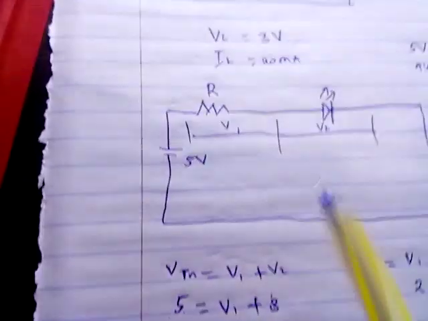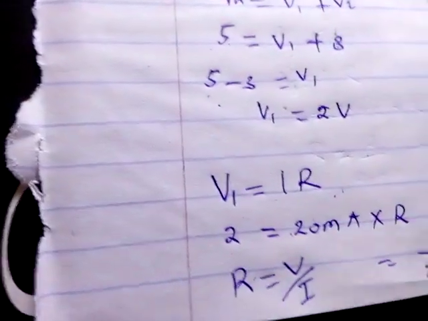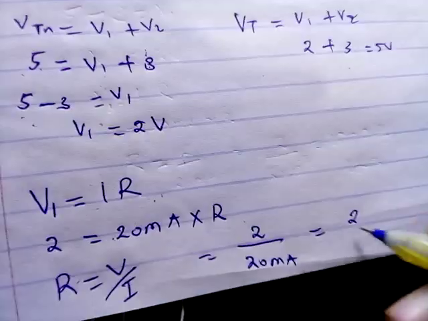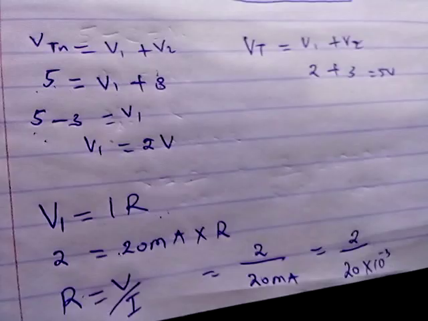So for us to get the value of the resistor, it will be equal to voltage over the current. When we substitute, it will be 2 over 20 milliamps. We convert milliamps to amps: 20 times 10 raised to the power negative 3.